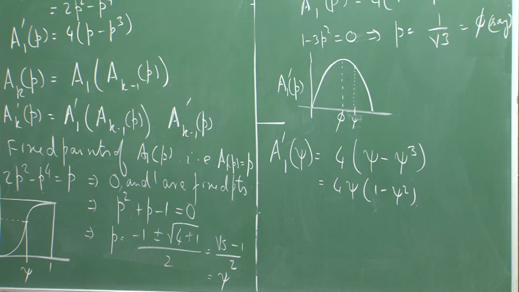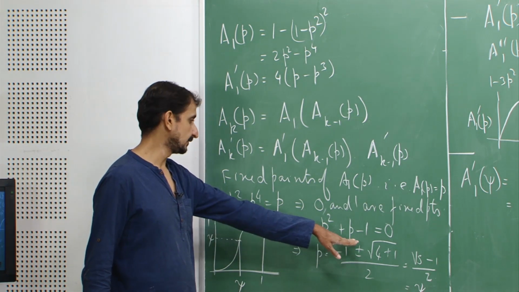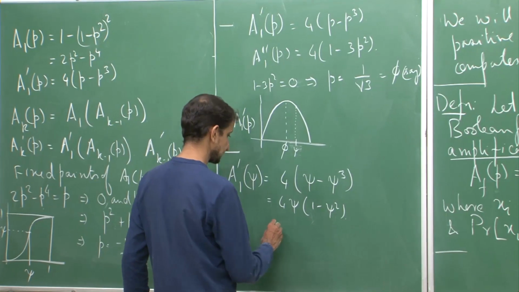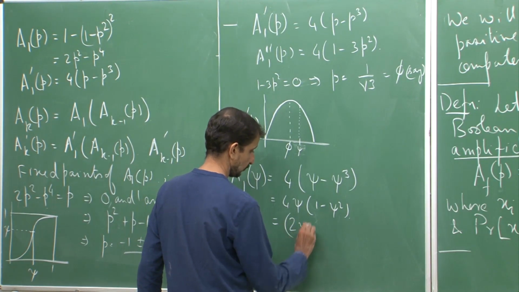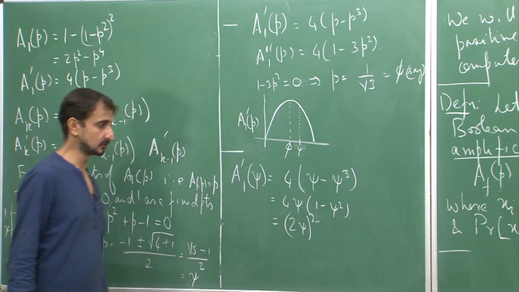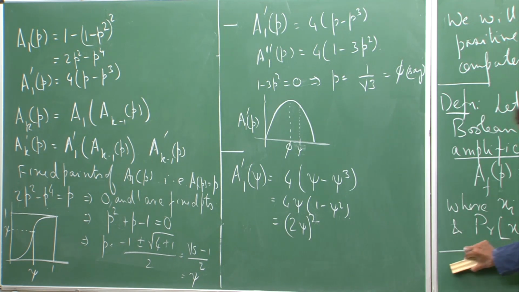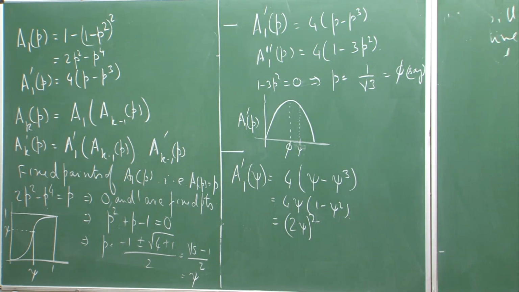From this equation, right. So, it is a fixed point. So, 1 minus psi square is nothing but psi. So, I get 4 psi square. So, this is nothing but 2 psi whole square. Okay. So, now I will write down 2 claims and that will show us the lemma.